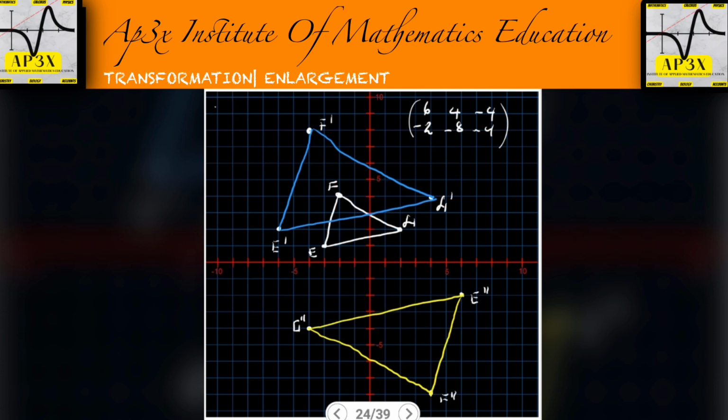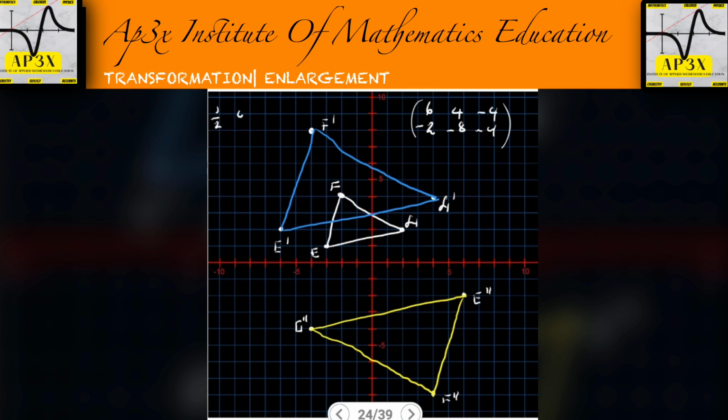That's going to be [a half, 0, 0, a half], multiplied by the points that I had: minus 3, 1, then minus 2, 4, and then 2, 2.